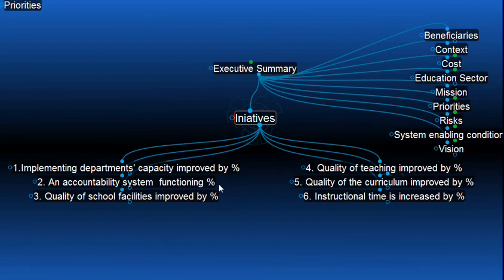Accountability system is functioning by, say, 45%, or quality of school facilities improved by 35% or 50% or 60% at one glance. We have created this interaction for the commissioners so that they have a quick overview and will be able to discuss meaningfully the education sector plan with reference to these components.